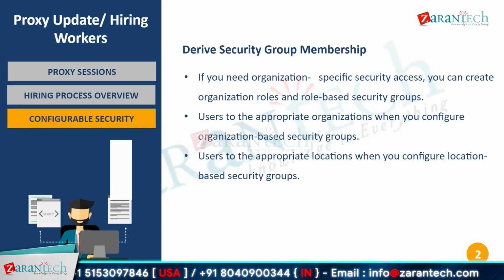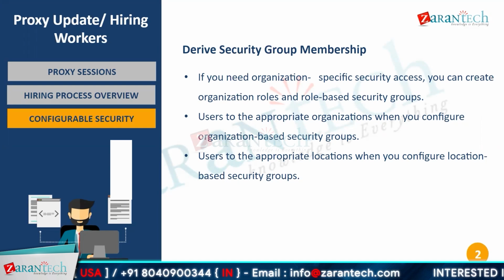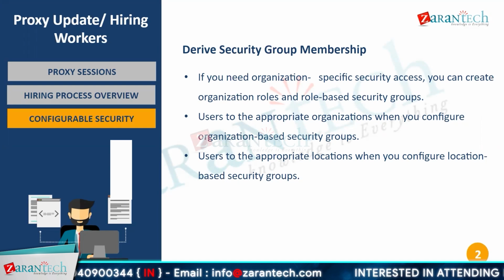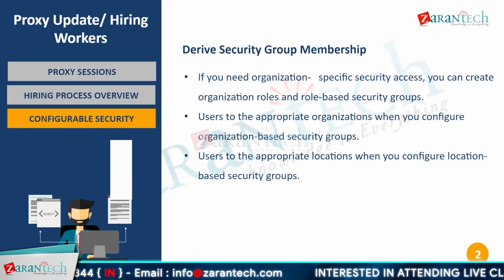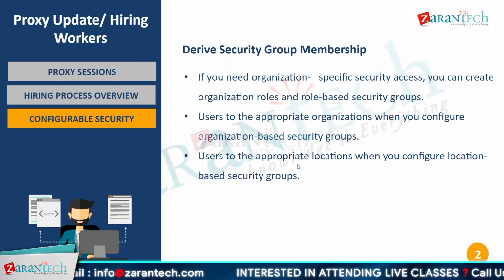So we've discussed how we create the role-based group, how we assign it to a role, how we create a role, and how we assign the role to a supervisory organization. We can also have location-based security groups as well.